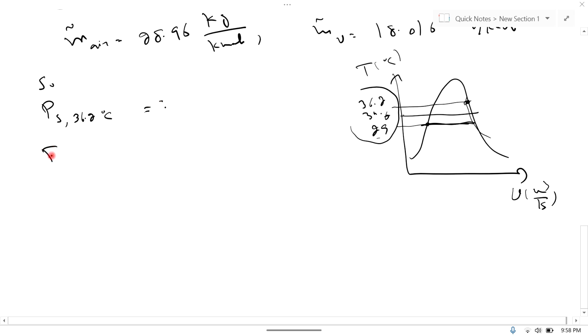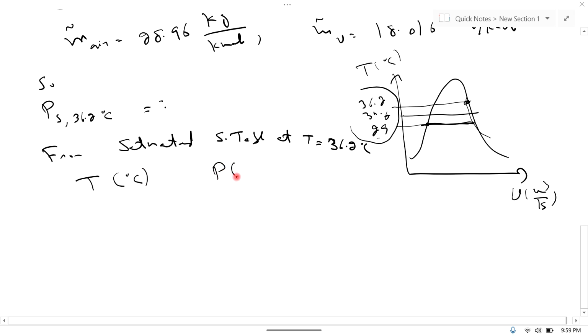From the saturated steam table, at temperature 36.2 degrees centigrade, but 36.2 is not available in the steam table. Temperatures 35 and 40 degrees centigrade are available, but 36.2 is not, so we will do interpolation.